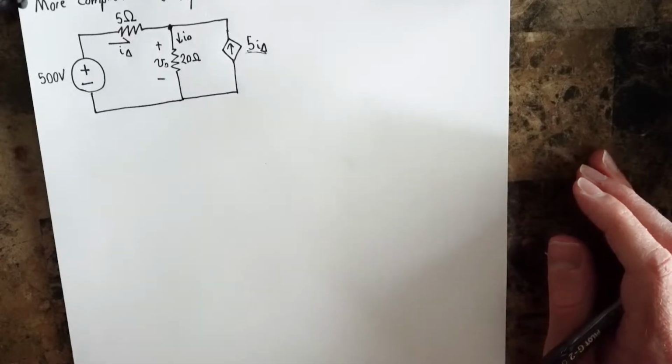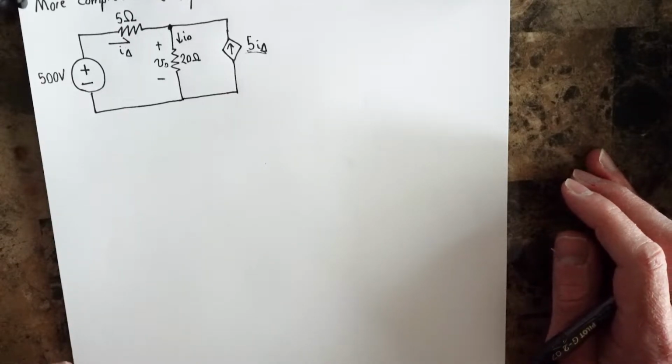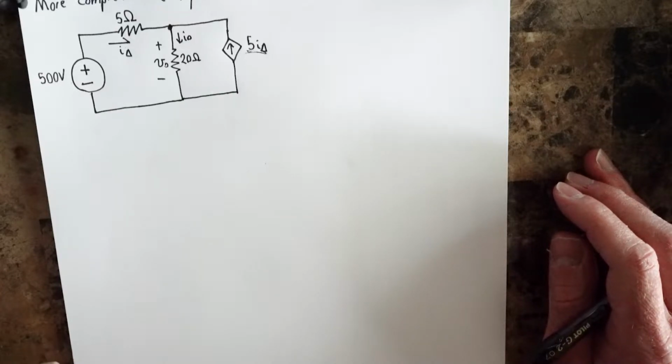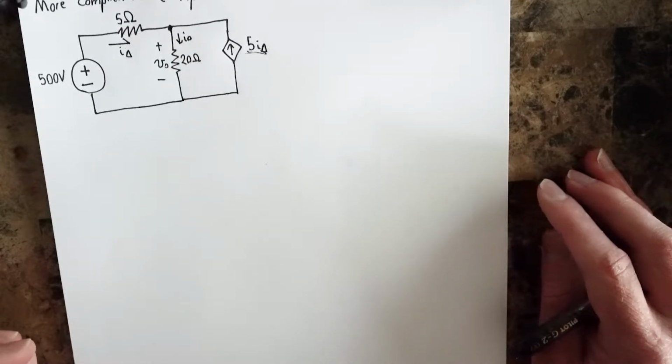So what I'd like you to do is go ahead and pause this video and give this circuit a shot. Try writing down some equations. If you get it, great. If not, after you give it a chance, go ahead and unpause and we'll work our way through it.